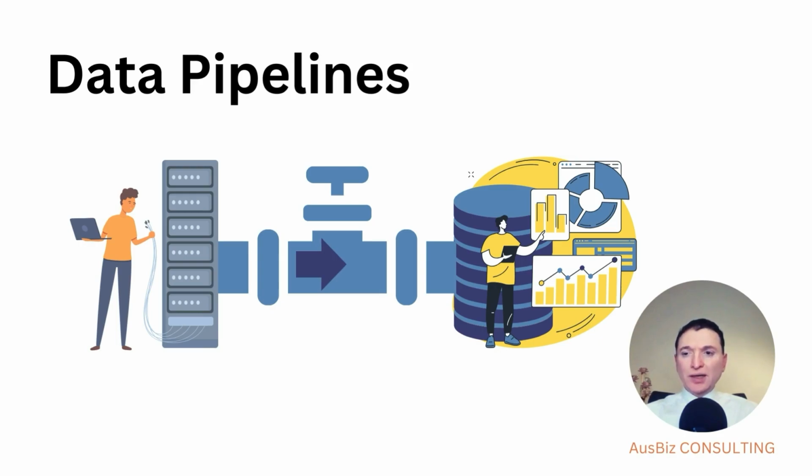A data pipeline is a set of processes designed to extract data from one system, transform it into a useful format, and load it into another system where it can be analyzed and utilized. These pipelines can be as simple as a one-step transfer or as complex as multi-step flows involving various transformations and validations.